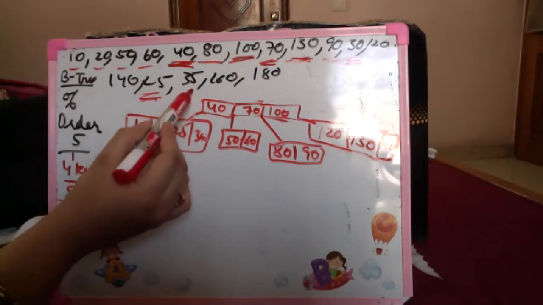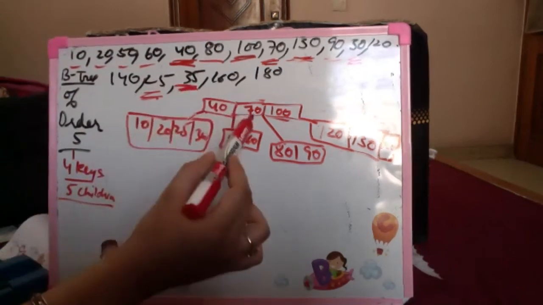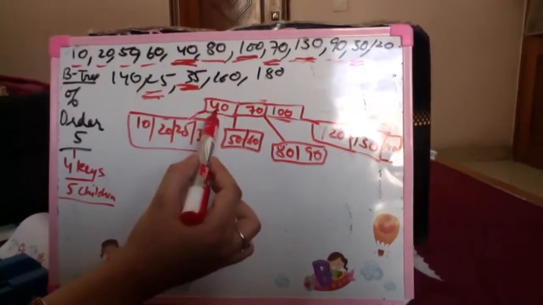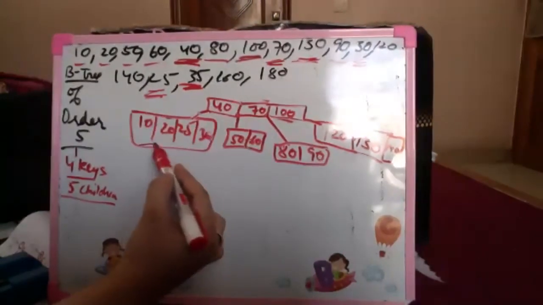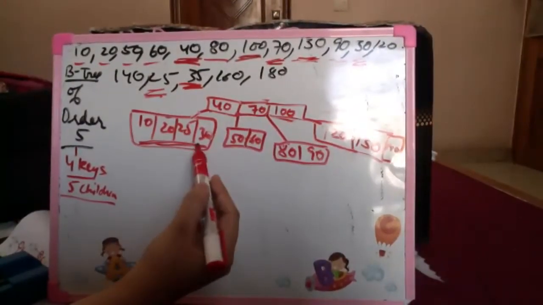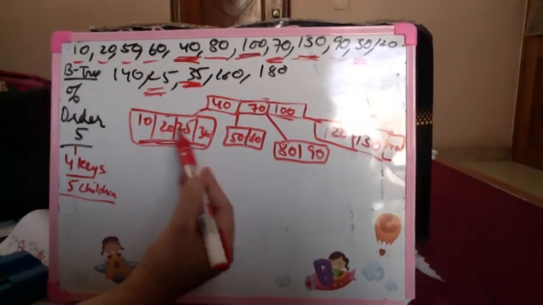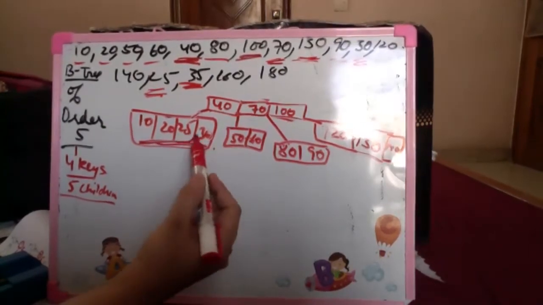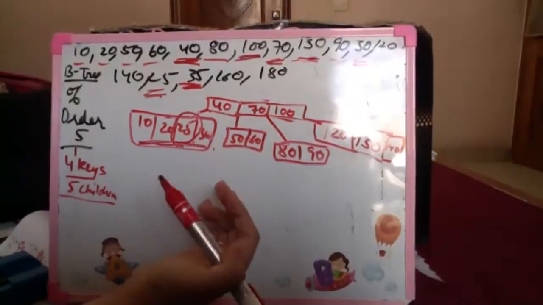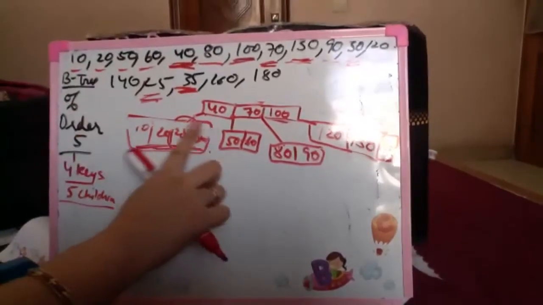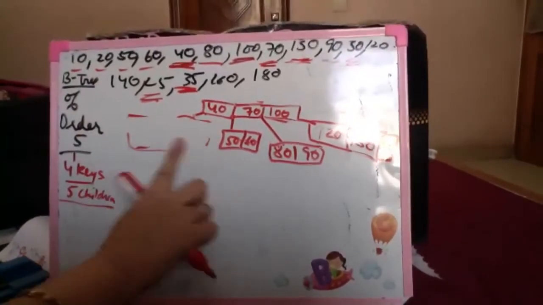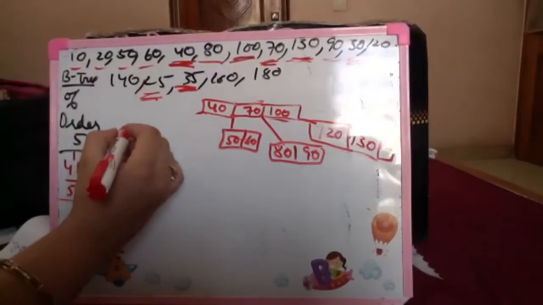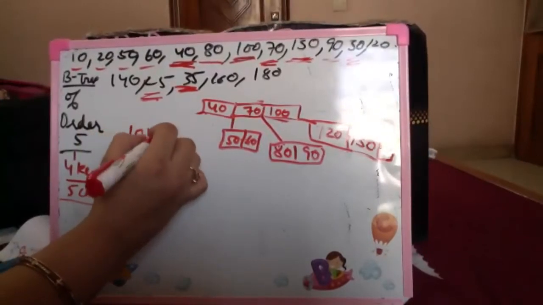Now after that, I have to insert a 35. From the root node, 35 is less than 40. It has to be inserted in a node here. This node again happens to be full. After inserting 35, 25 would be the median of the node. So I split it. After splitting, what will happen? I have two split nodes, 10 and 20.